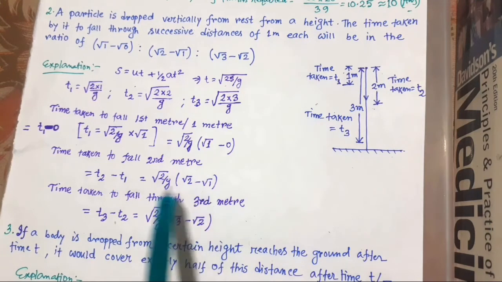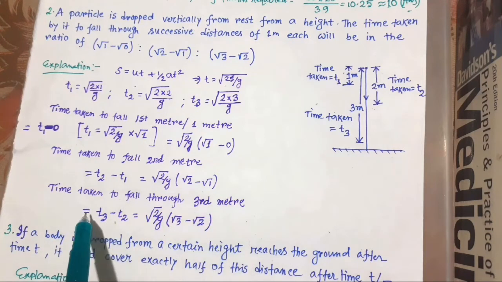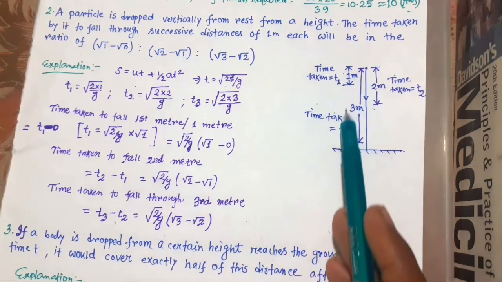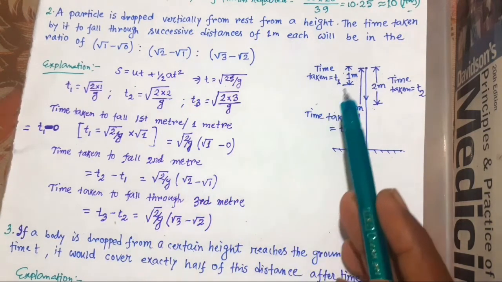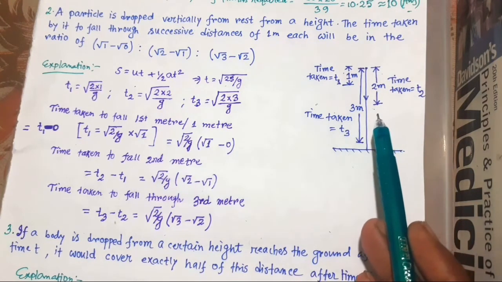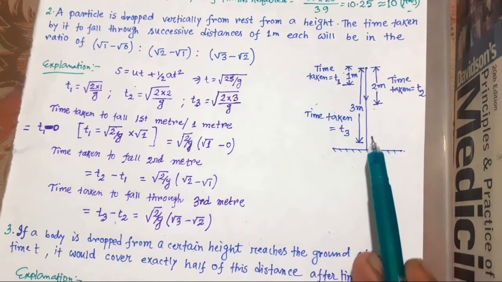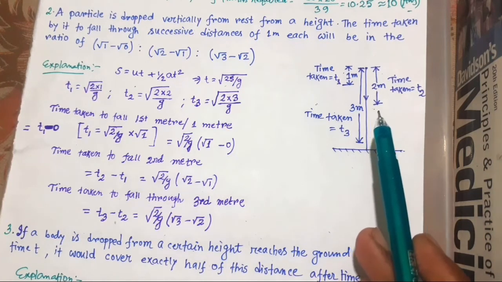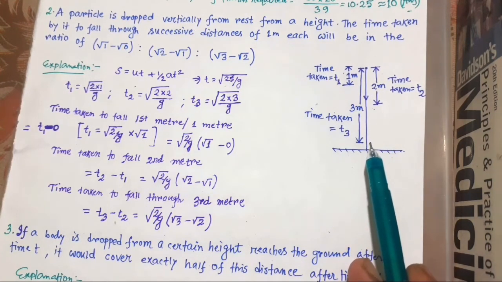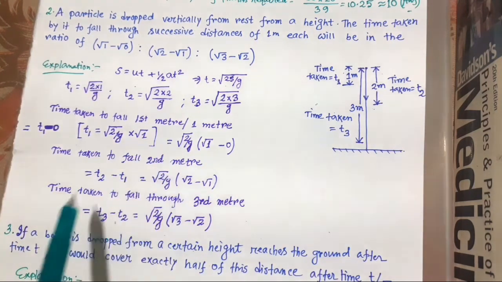Now the time taken to fall through the third meter distance is the time taken to fall through a total of 3 meter distance minus the time taken to fall through a total of 2 meter distance. So this is the time taken for the third meter distance, t3. Okay, so this is the ratio.